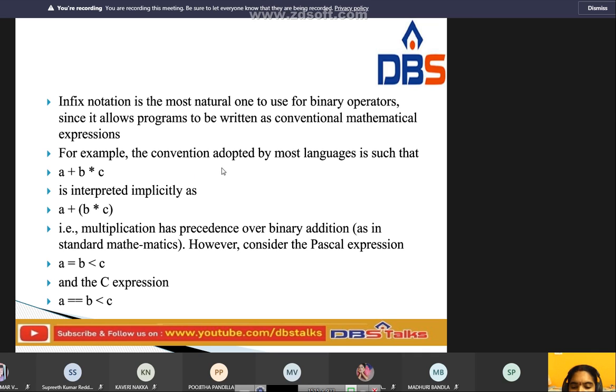After that, programming languages complicate things by introducing their own conventions for operator associativity and precedence.